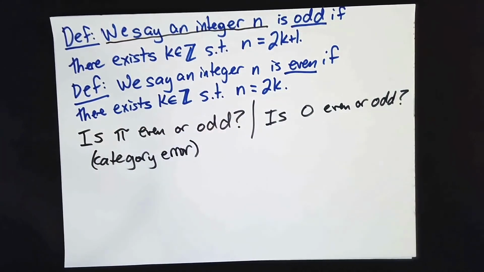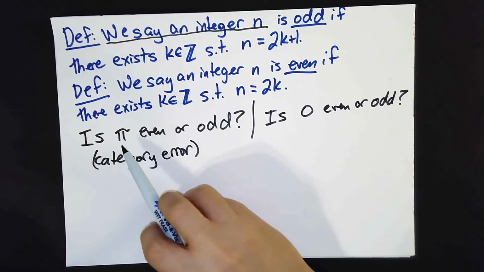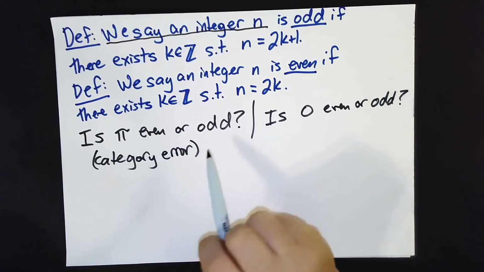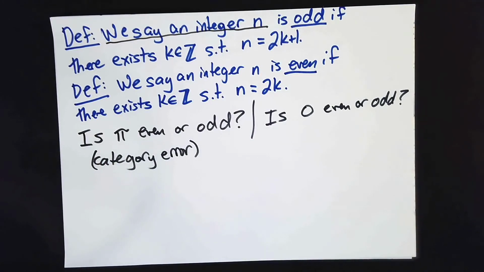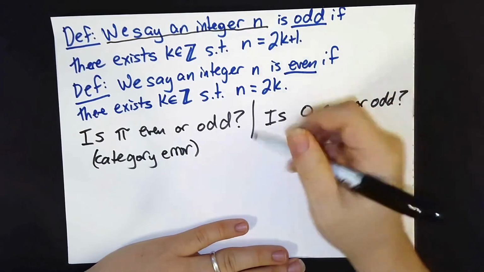And by category error, I mean you're asking about adjectives that don't even apply to this thing potentially. So it's neither even nor odd, but it's not just that it's not even and not odd, it's that asking whether pi is even or odd doesn't even make sense. That is what this is saying when I say that this is a category error.